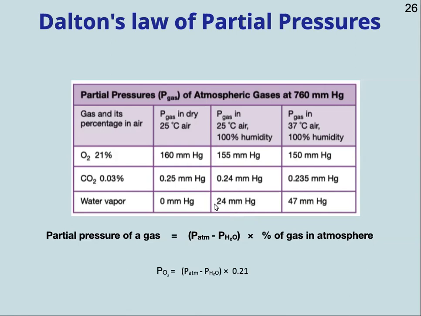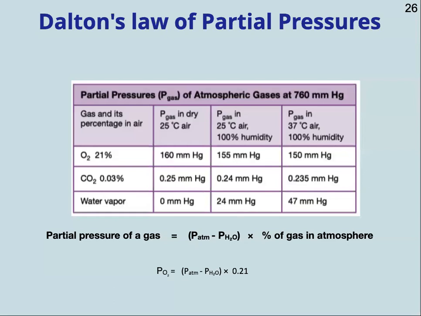So if you do the calculation, 760, which is the atmospheric pressure, minus the water vapor pressure, in this case 24, and then multiply that number by 21% or 0.21, you should get 155 millimeters of mercury for the partial pressure of oxygen.